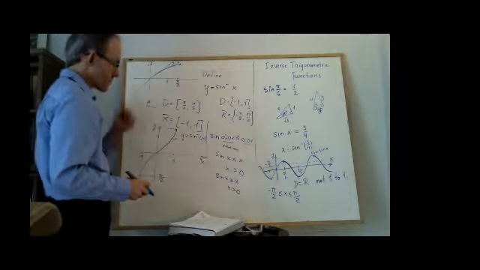So this point gets reflected to this point, gets reflected to this point. It just gets reflected about this 45-degree line to get the inverse function. That's always how you find the inverse function by graphing. You just flip it over this line, which is y equals x.